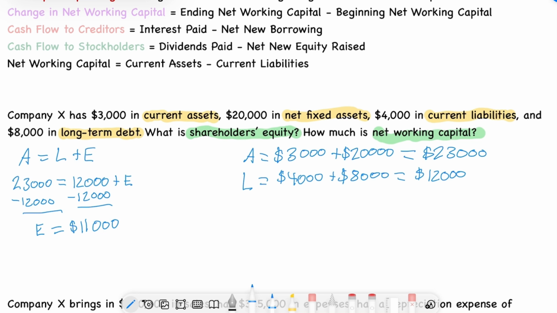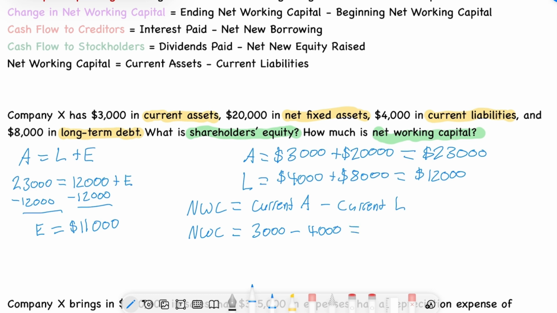Now we want to find net working capital. So our equation for net working capital is current assets minus current liabilities. So let's see, we got $3,000 in current assets, and we have $4,000 in current liabilities.